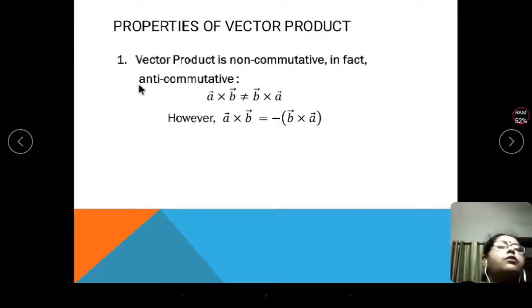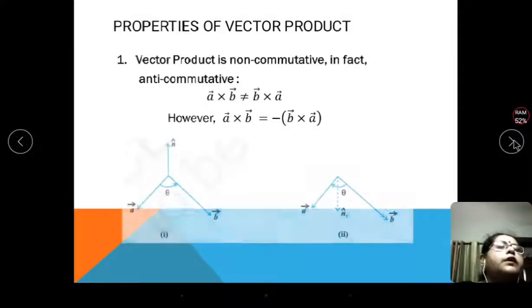In fact, it follows the anti-commutative law. So non-commutative means we can say that A cross B is not equal to B cross A. That means now we cannot play around by changing the positions. And in particular, as I have told, this is anti-commutative. So A cross B is equal to minus B cross A.